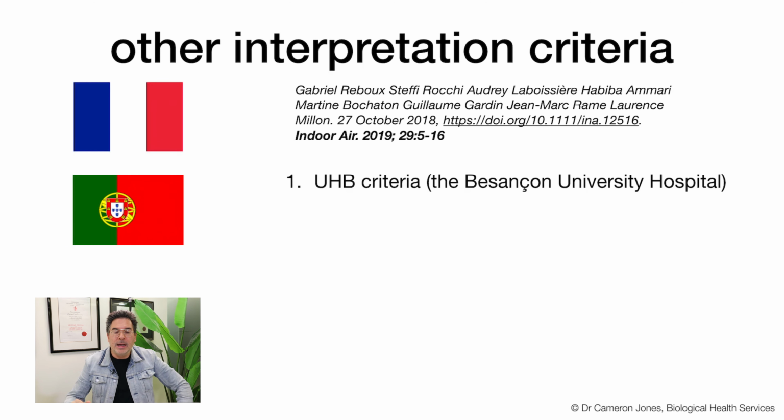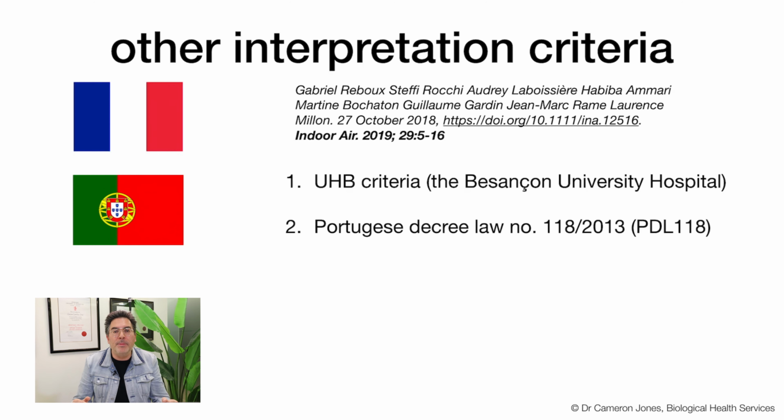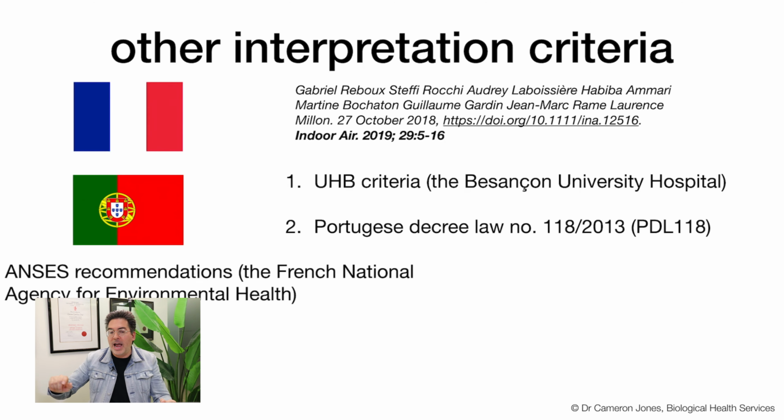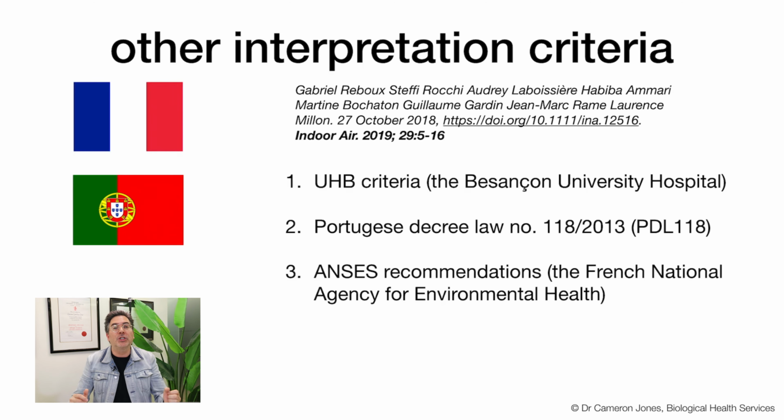The second method follows the Portuguese decree, which is in fact a law that specifies the amount of colony forming units of mold that dictates whether a building is safe or unsafe. And then we have the French National Agency for Environmental Health.